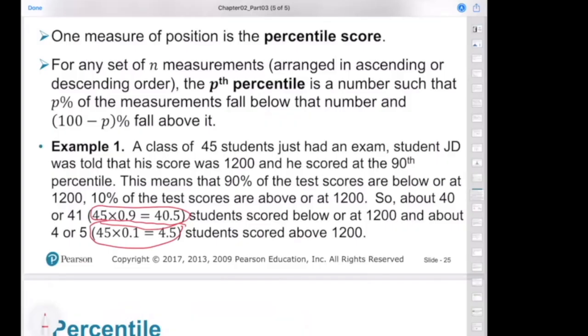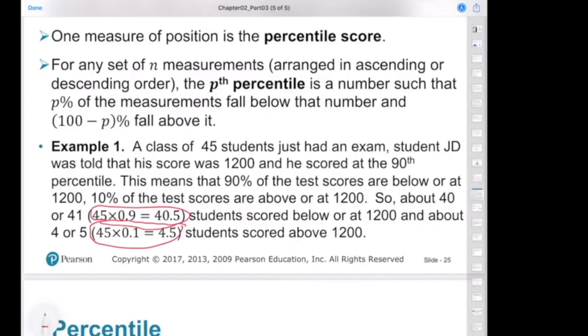Okay? So as you can see here, because we have 0.5 and we are talking about students, persons, we don't have 0.5, so you can round it up or down. So what does that mean? That means you have 40 or 41 students who scored below 1200, and 4 or 5 students who scored above 1200. Okay, as you can see.